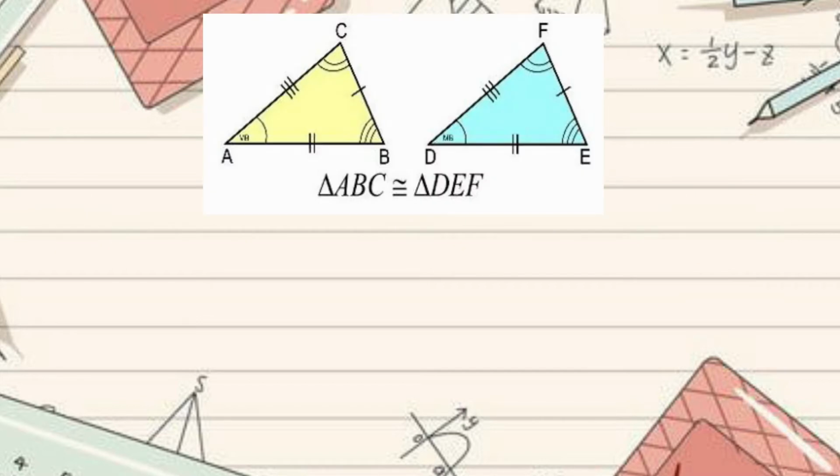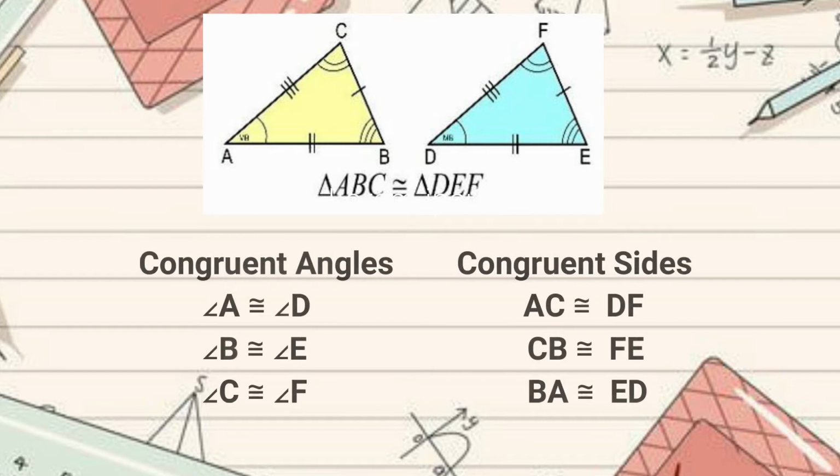Given triangle ABC is congruent to triangle DEF, these two triangles are congruent if they have three pairs of congruent angles, namely angle A is congruent to angle D, angle B is congruent to angle E, angle C is congruent to angle F, and also three pairs of congruent sides, namely side AC is congruent to side DF, side CB is congruent to side FE, and lastly, side BA is congruent to side ED.